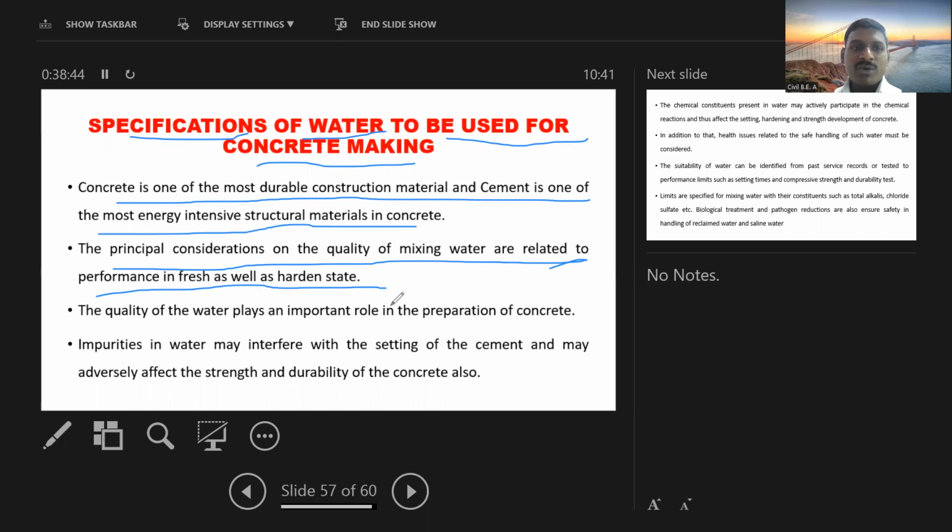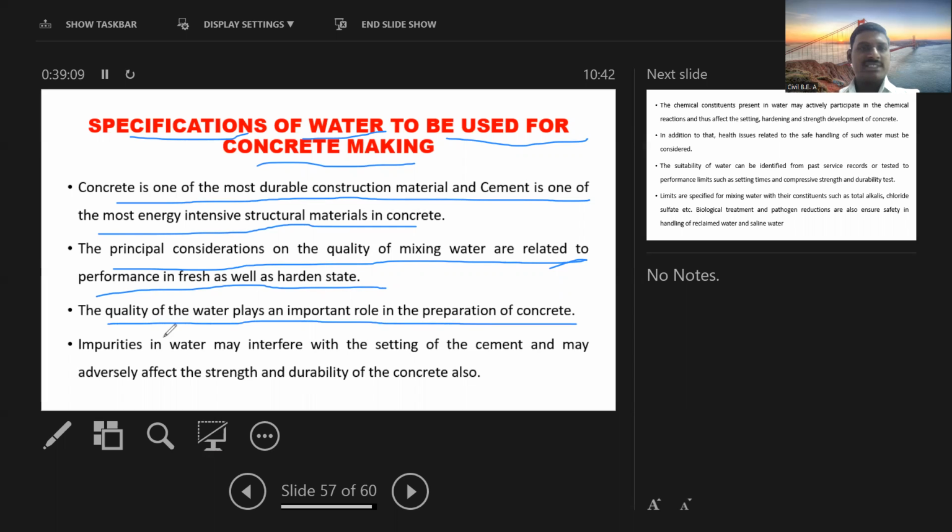Why? Because if we have to bring the concrete into the hardened stage, then we have to add water, and we have to add that water in the ratio of the water cement ratio. So we have to maintain that water cement ratio. Then the quality of water plays an important role in the preparation of concrete.